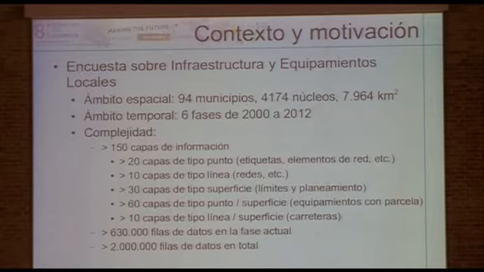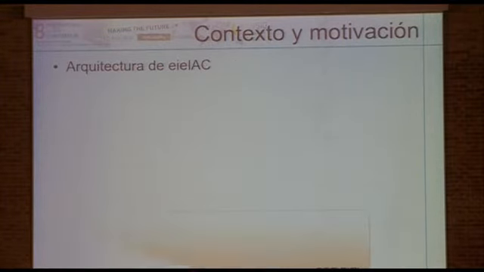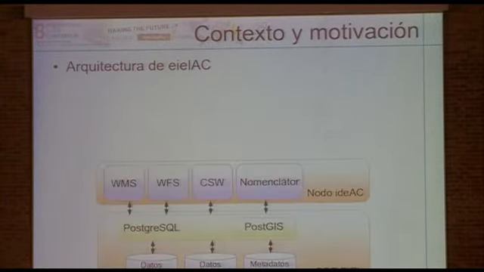The scope would be 6 phases from 2000 to 2012, and regarding complexity, we have 150 layers of information, 20 point type, 10 line type, 30 surface type, 60 point surface type, and so on. It's a lot of data.